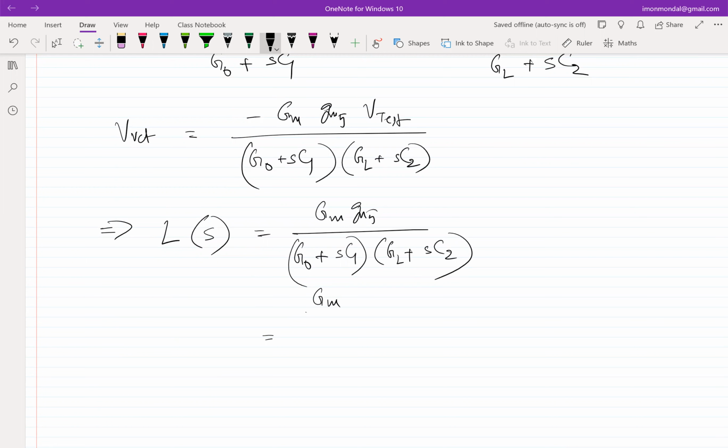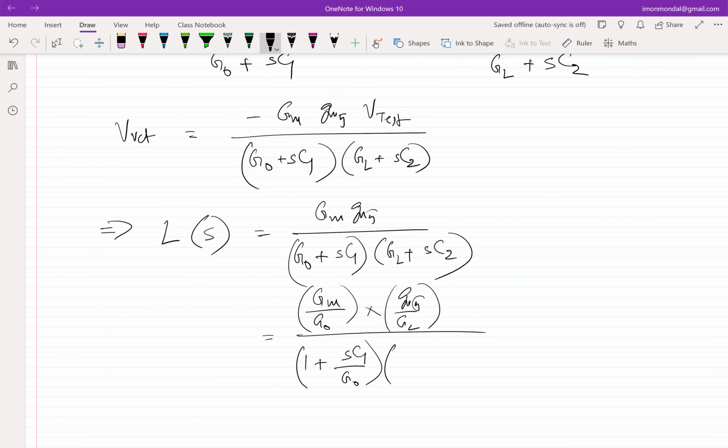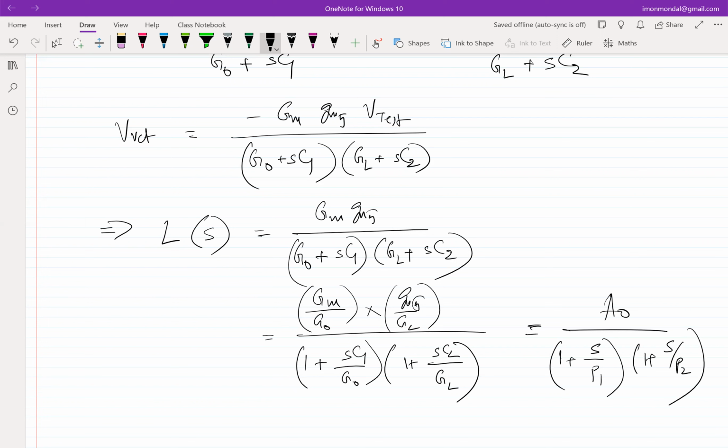This becomes GM by G0 times GM5 by GL. And this is again referred to as A0 by (1 plus S by P1)(1 plus S by P2), where A0 is referred to as the DC gain because at zero frequency, when you set S to 0, your L of 0 is A0. So A0 is DC gain, or gain at DC frequencies.